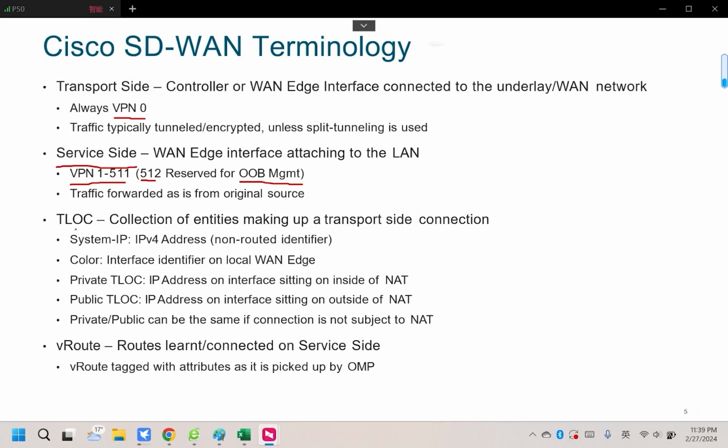The third term is T-lock. Some terms related to T-lock might seem very abstract, so we also give it a simpler understanding. LOC is an abbreviation for location. So this location refers to positioning. Where is it positioned? Actually, it's positioned on our next hop router.